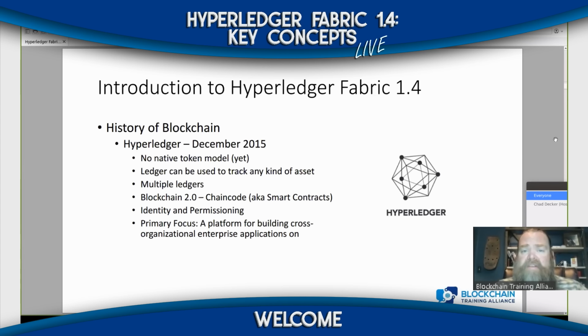And so whereas Ethereum was a platform generally focused on creating consumer-facing applications and solutions, Hyperledger is a platform generally focused on building enterprise applications, B2B solutions. And not just any type of enterprise solutions, it is particularly targeted towards building cross-organizational solutions.